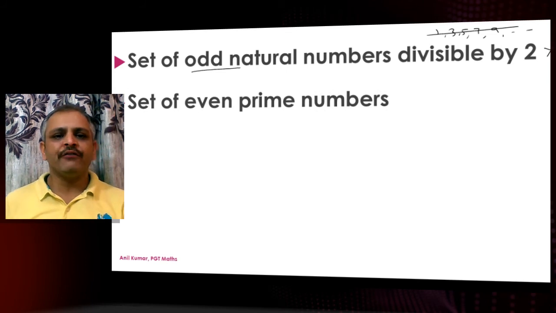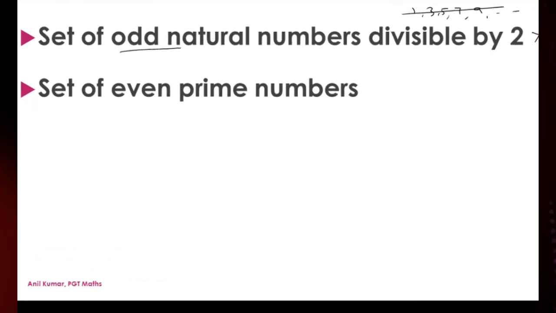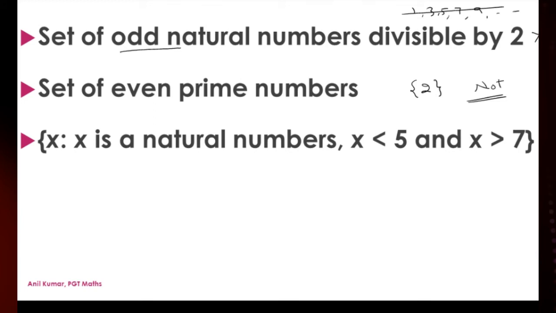Set of even prime numbers. The even prime number is 2. So it has one element, so it is not an example of the empty set or null set. Next, x is a natural number where x is less than 5 and x is more than 7.